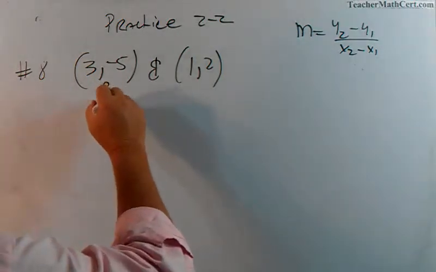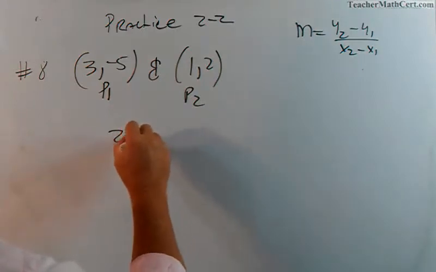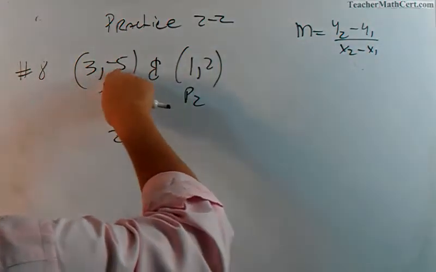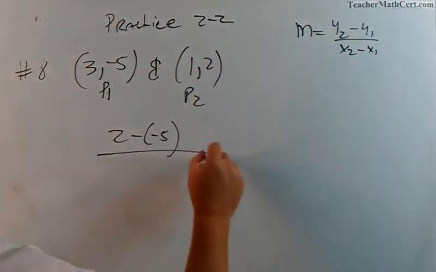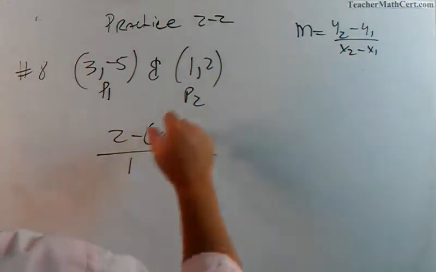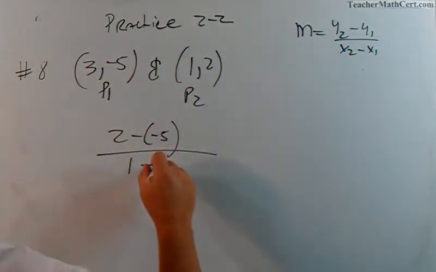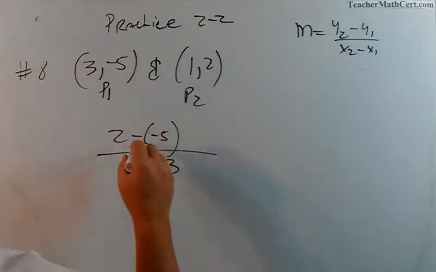Call this point 1, point 2. Y sub 2 is 2 minus y sub 1, which is minus 5, over x sub 2, which is 1, minus x sub 1, which is 3.